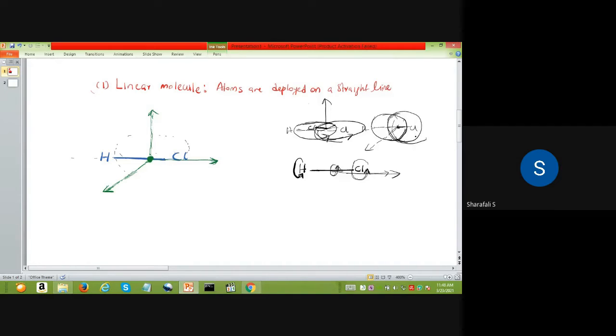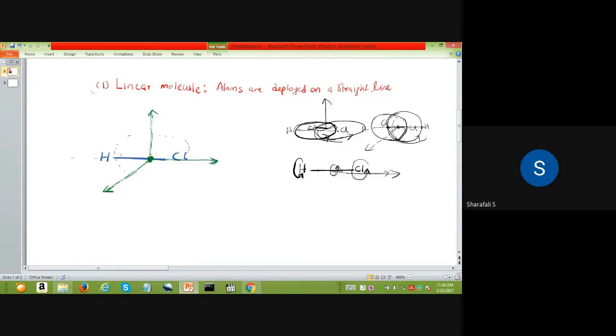After some time this chlorine will be here and hydrogen will be here, so it will be rotating. I am not saying it will have exactly this kind of track, but overall it follows some kind of path. So that's about the rotation.